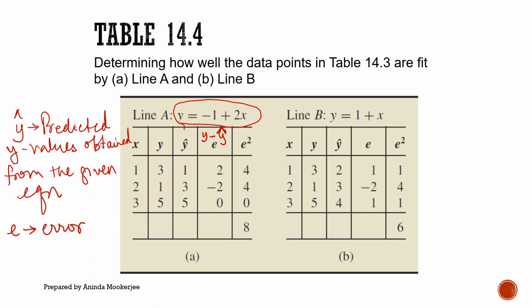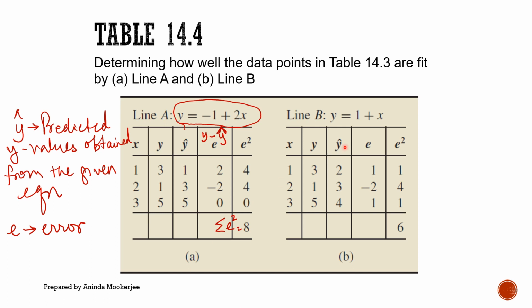So 3 minus 1 is 2, 1 minus 3 is negative 2, and 5 minus 5 is 0. Those are our error values. However, we have to square them in the next column. So 2 squared is 4, negative 2 squared is 4, and 0 squared is 0. We sum them up. So this value 8 is the sum of E squared.